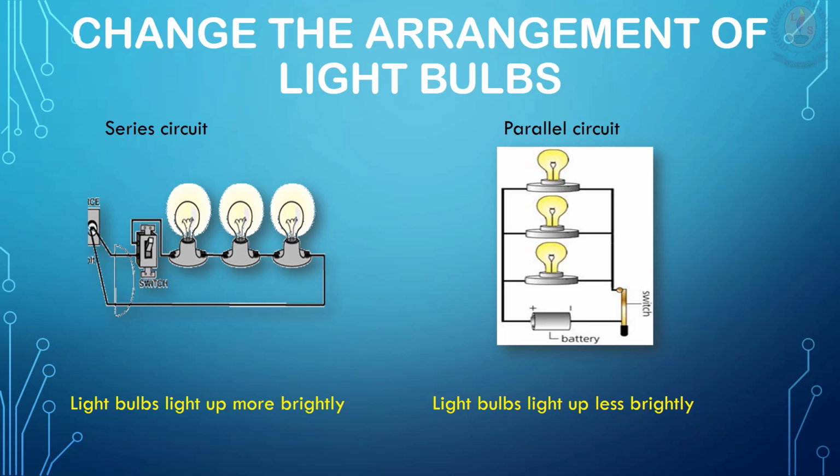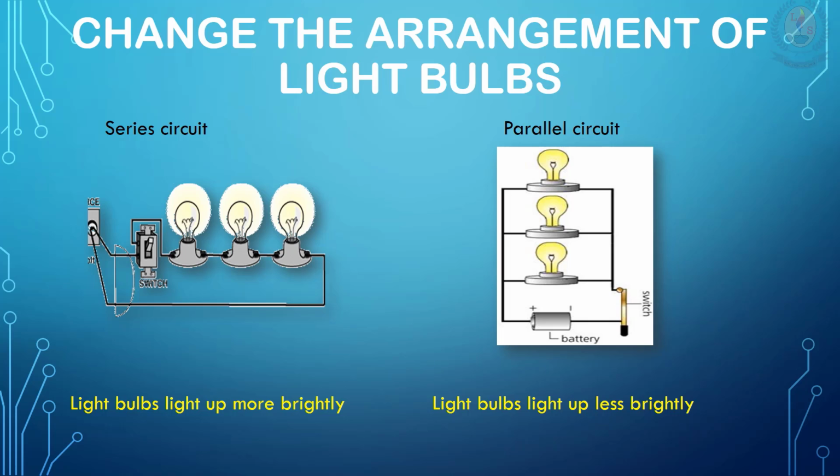Now, my dear children, what happens when we change the arrangement of light bulbs in a circuit? Look at the two pictures again very carefully. There is a series circuit and a parallel circuit. Can you remember what a series circuit and a parallel circuit are?